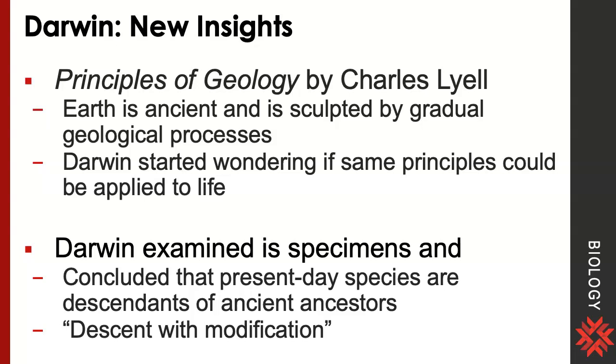So Darwin, he was examining his species, and he concluded that species that are living today have descended from an ancestral form. And he coined this term descent with modification. So these organisms or these species, they have descended from one another, and they become gradually modified over time depending on the environment that it's in.